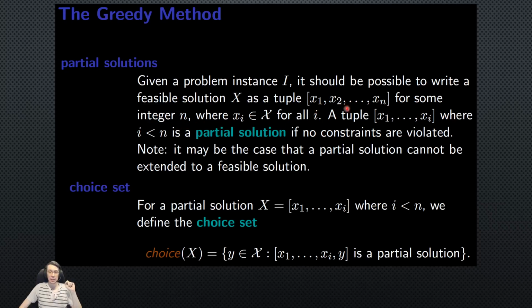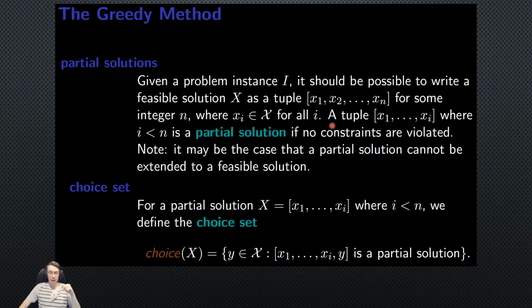And intuitively, these are going to represent the choices that the greedy algorithm made. Each of x1, x2, and so on, each of those is a choice. Each of these xi's is in this capital Chi, which is called the global choice set. This is the set of all possible choices you could take in an algorithm. So these are choices in a tuple, a sequence of choices.